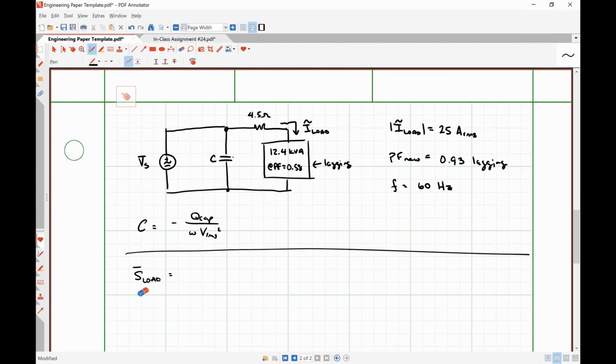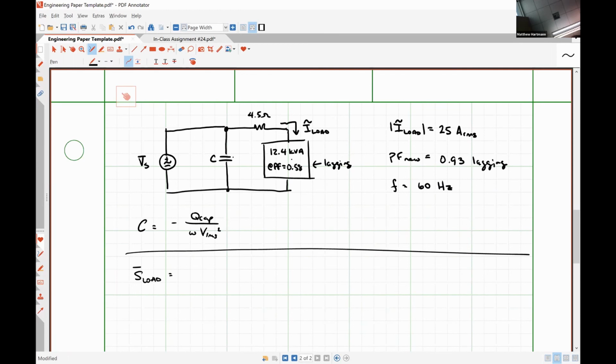It would be the power divided by the power factor. So the units for the power is volt amperes. Is that reactive power, average power, or apparent power? That is apparent. So apparent power is the magnitude of the complex power by definition.